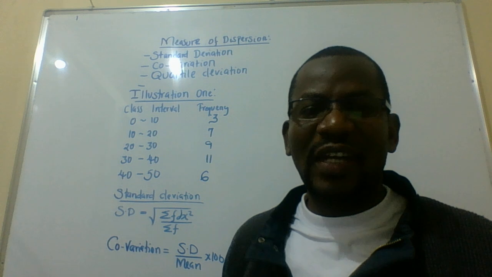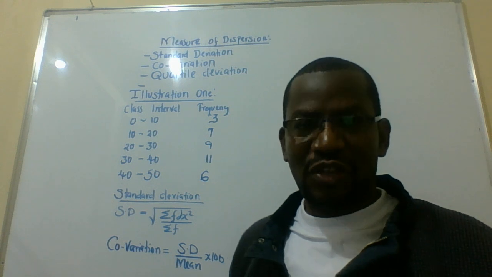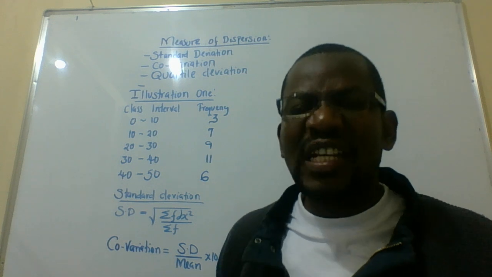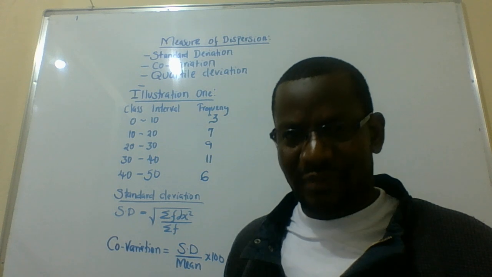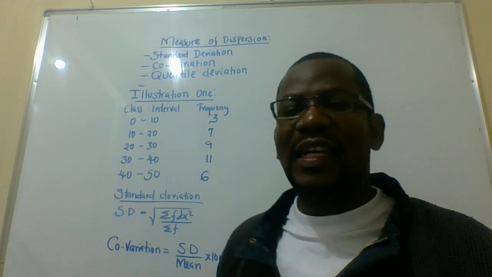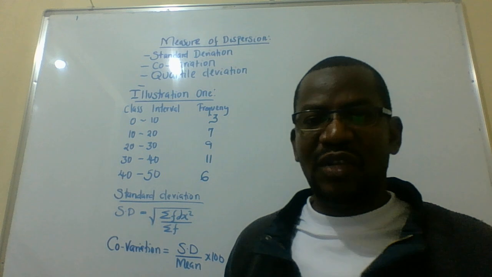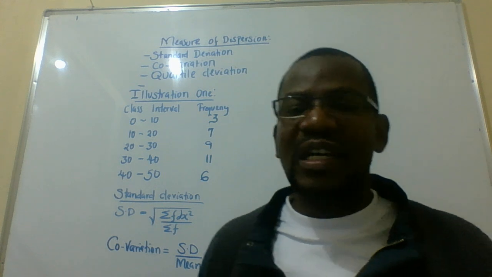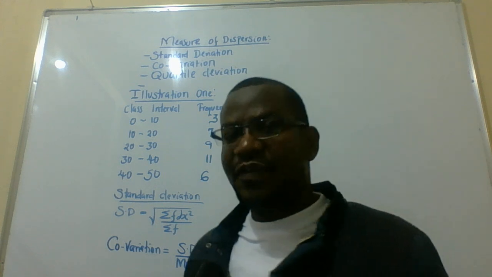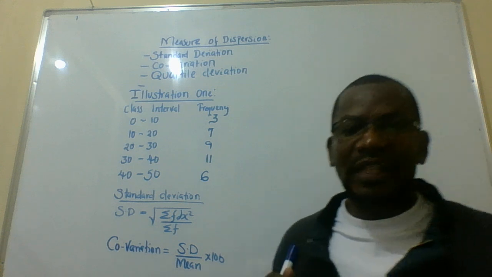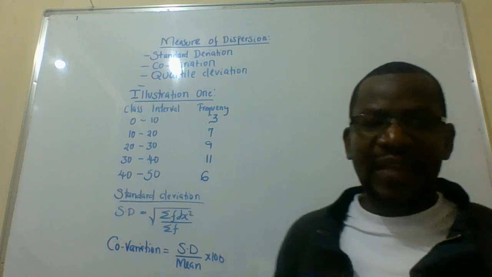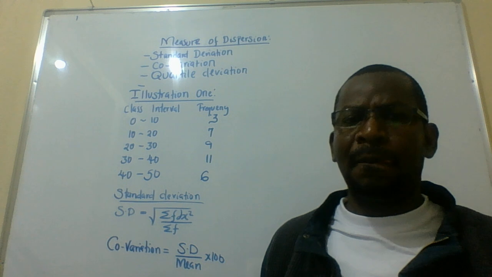Now today we want to calculate standard deviation. Standard deviation is a deviation from the mean. Therefore it means we must calculate the mean. Standard deviation is a deviation from the mean and the mean alone. Therefore we have to calculate the mean, then get the deviation.